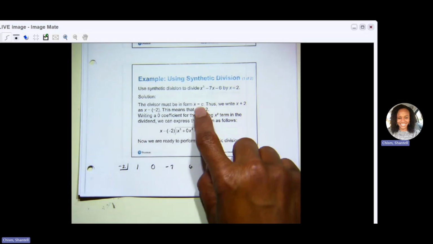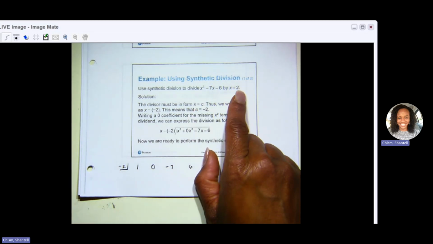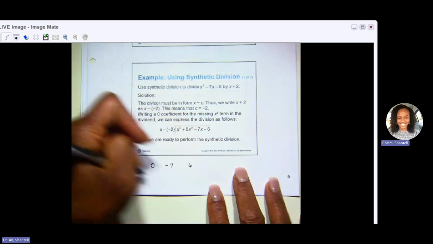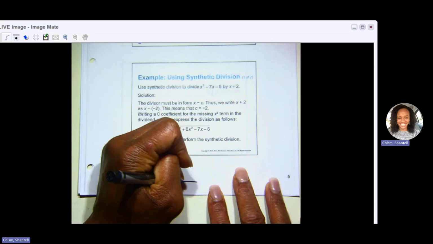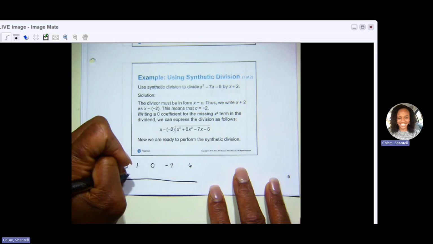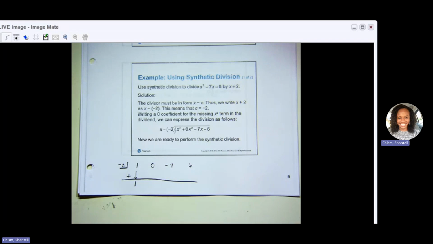And that is again because it was supposed to be of the form x minus c. So if I have x plus c, that means c had to be negative. I save a little room, creating an empty row space, and I put a plus here, and I drop down my leading coefficient. I start there, okay? So that's where it would begin.